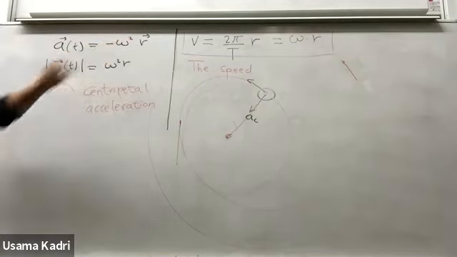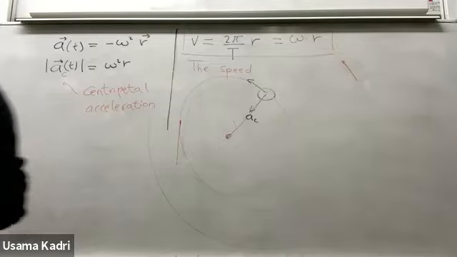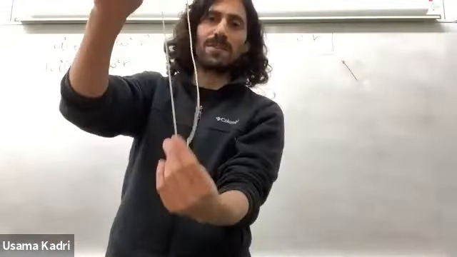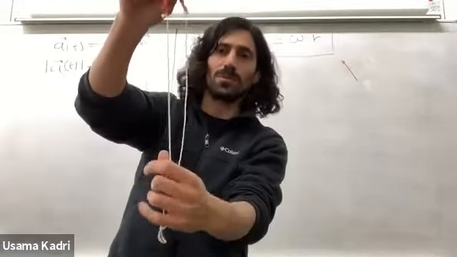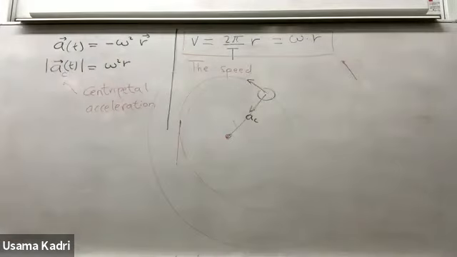Because omega is to the power 2 here. I have an office-made sling here. This is a very short one, so it won't be useful actually, but I'll show you the demonstration at the end.